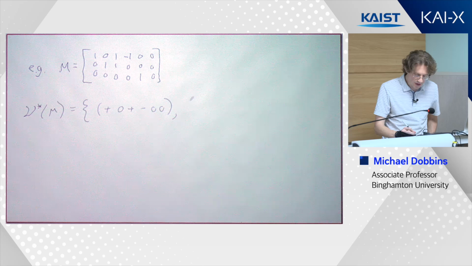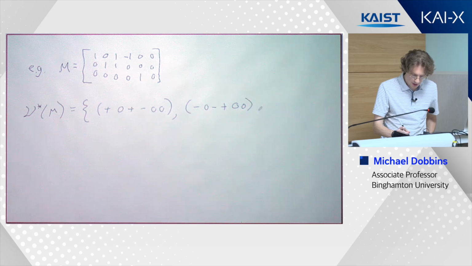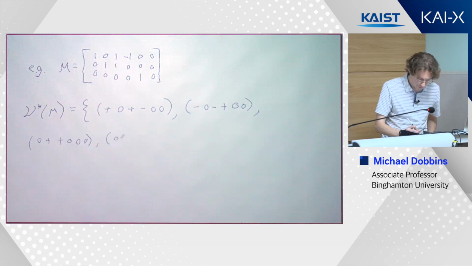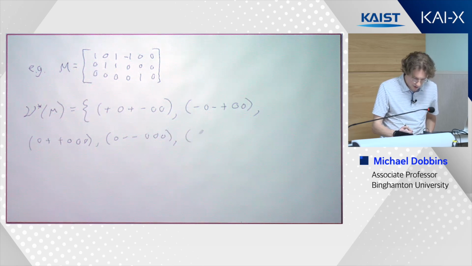And anything that I have in there, I can get a negative of that. So I also have this, and so on for the other rows, and the negative of that.